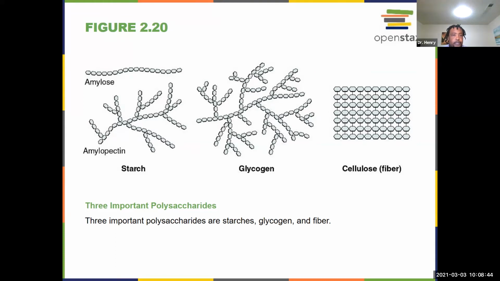All of those carbon rings have a lot of energy stored in their bonds that we're able to utilize later on. Plants use starch for food storage, and we use starches to eat. We break down starches to provide glucose so that we can make ATP. At the end of the day, we get ATP out of those by processing. We'll talk about that later. Are you with me? Okay.